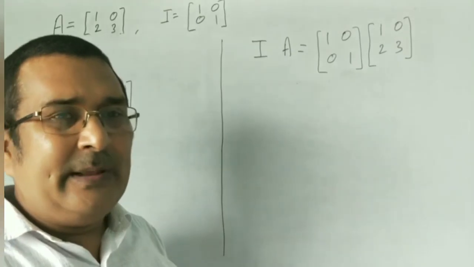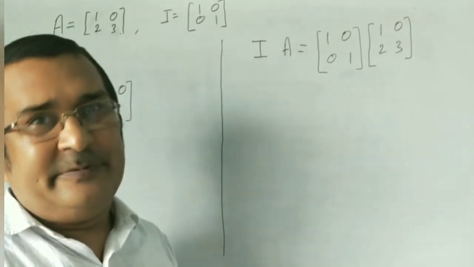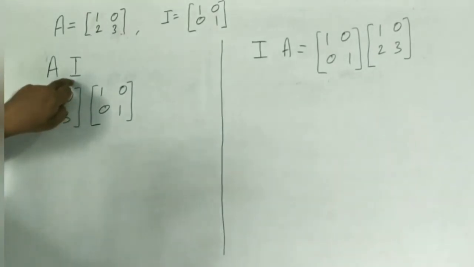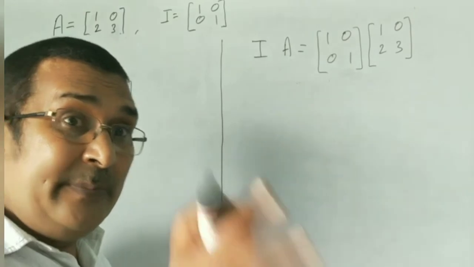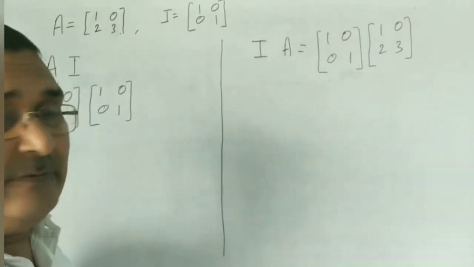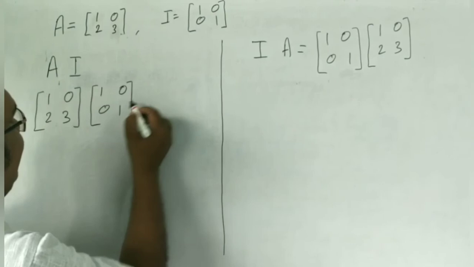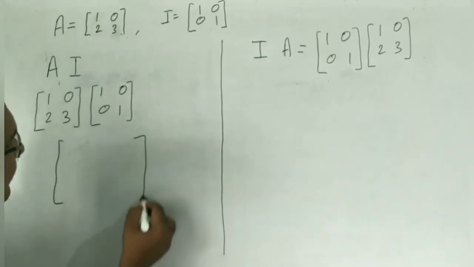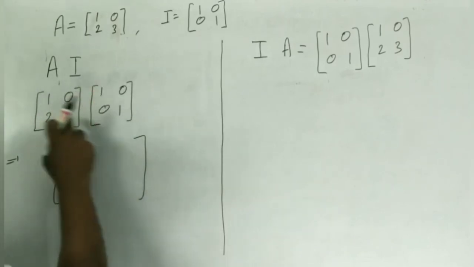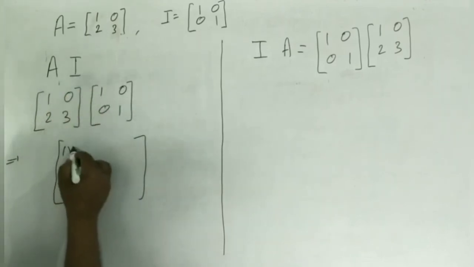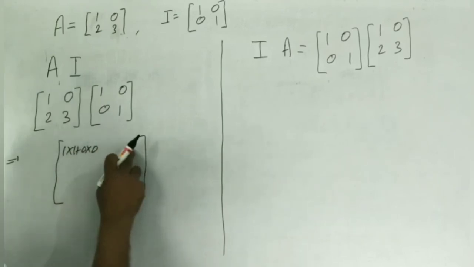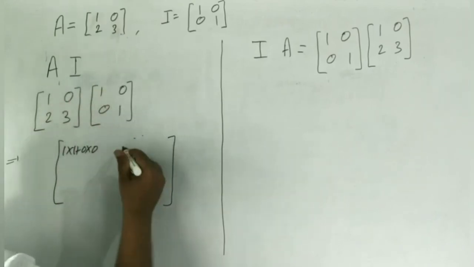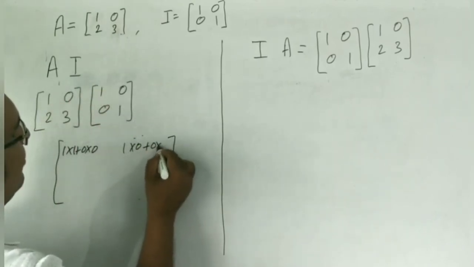Normally matrix multiplication is not commutative. But when we multiply a matrix with the identity matrix, then AI will be equal to IA. It becomes commutative. Like here, if I multiply, the order will be 2 by 2. First row, first column, 1 into 1 plus 0 into 0. First row and second column, 1 into 0 plus 0 into 1.